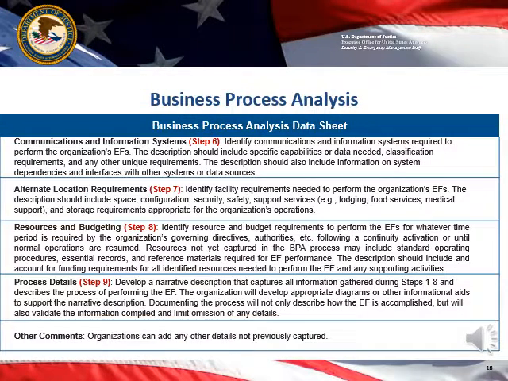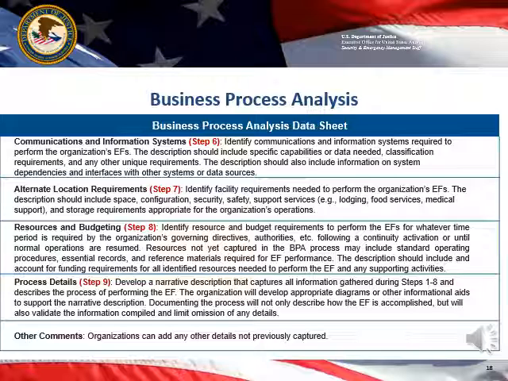In Step 6, an organization identifies communications and information systems required to perform its mission essential functions. The description must include specific capabilities or data needed, classification requirements, and other unique requirements. The description must also have information on system dependencies and interfaces with other systems or data sources.